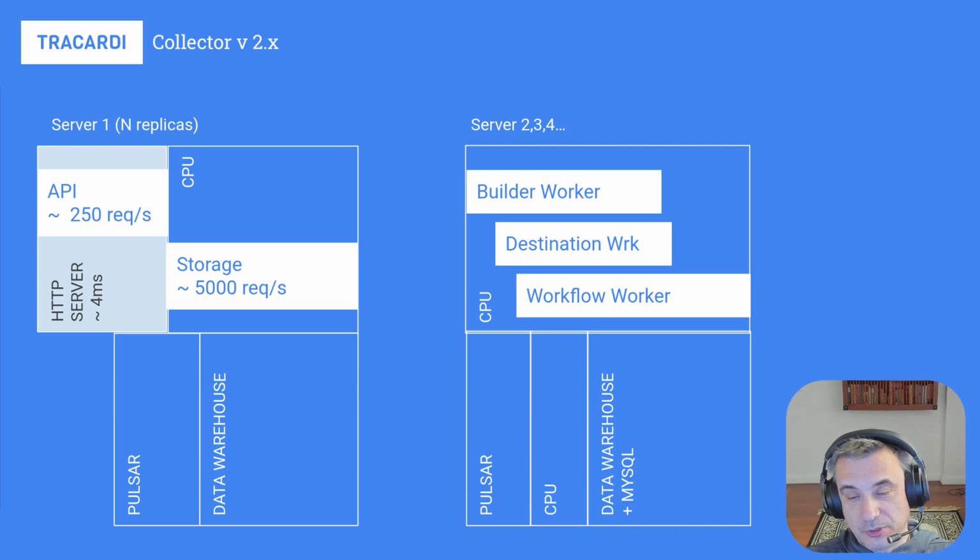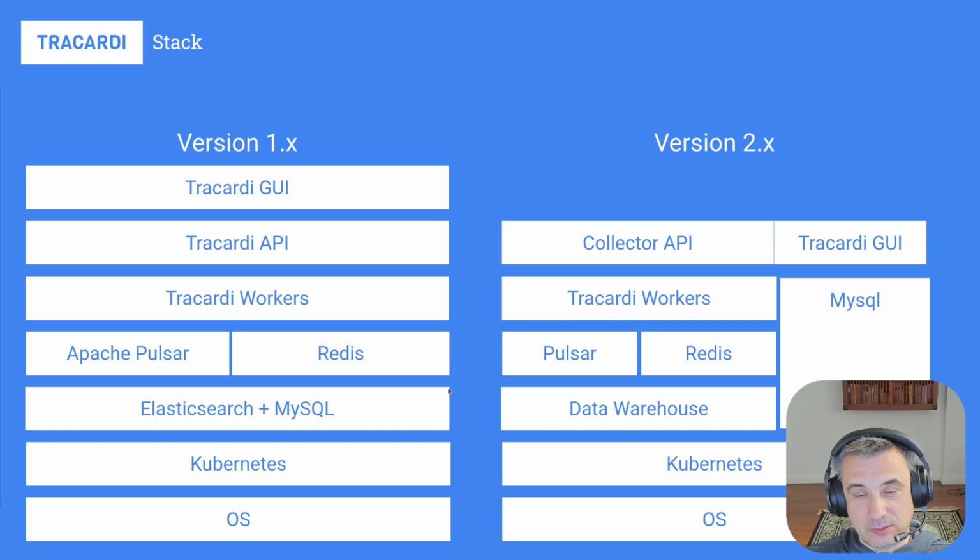One very important thing is the difference between version 2.0 and 1.0. When we look at the stack in version 1.x, everything is coupled, because we cannot replace Elasticsearch with other storage. In version 2.x, everything is written using adapters.